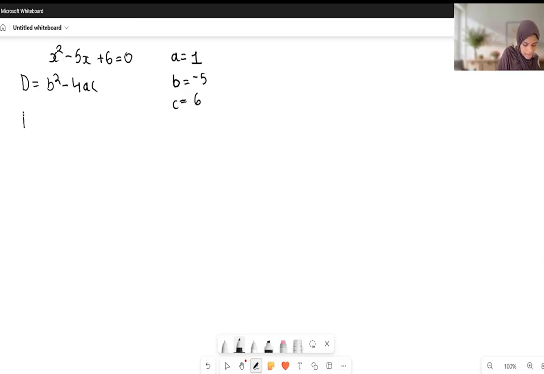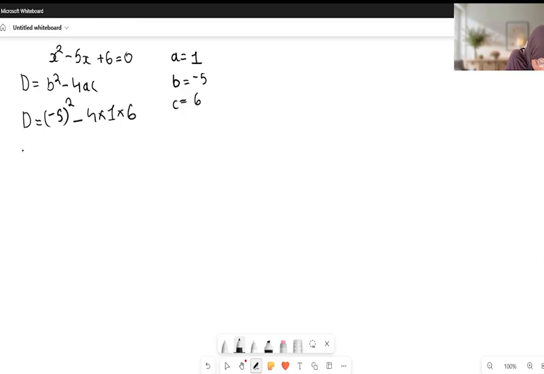Okay, so D is equal to b square, which is minus 5 square, minus 4 into a, which is 1, into c, which is 6.